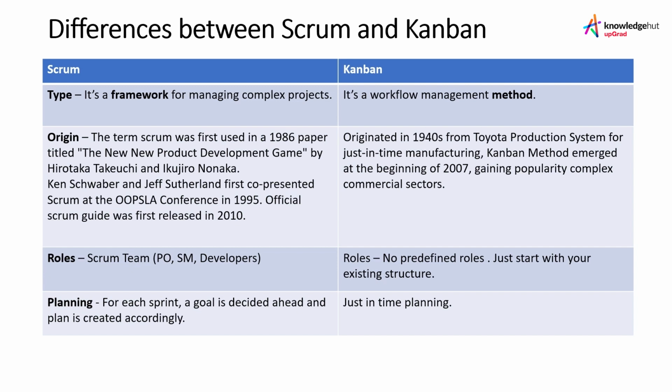Now let's talk about roles. In the Scrum framework, there are three well-defined roles. They come inside one single term, which is called a Scrum team. A Scrum team has a product owner, a Scrum master, and developers. Developers is anyone in the team apart from the product owner and Scrum master.